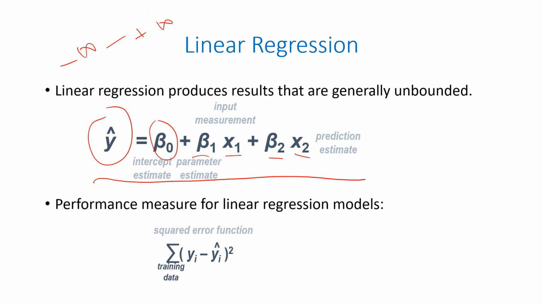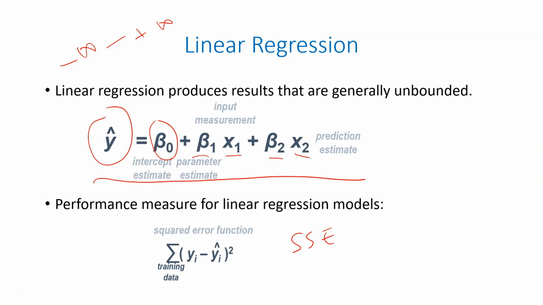The performance measures we use for the linear regression model have also been discussed in the previous lecture. The key performance measure is the sum of squared error, which is computed by summing up all the squared differences between the actual y and the predicted y, or y hat.